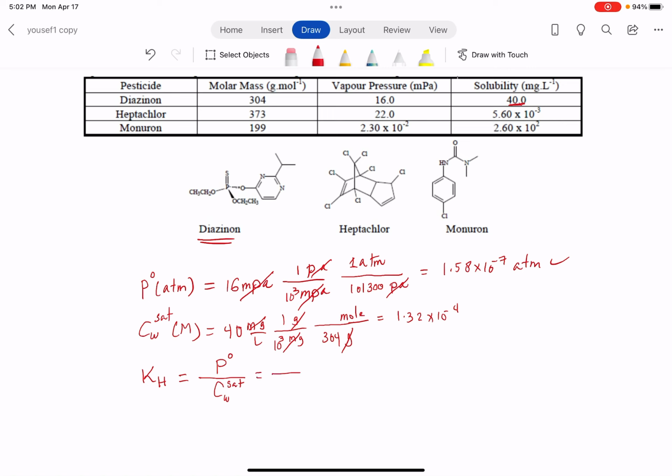So this is 1.58 times 10 to the minus 7 atmospheric over the solubility, here in molarity, atmospheric per molarity, and this would give you 1.2 times 10 to the minus 3 atmospheric per molarity. Okay, so this is it.